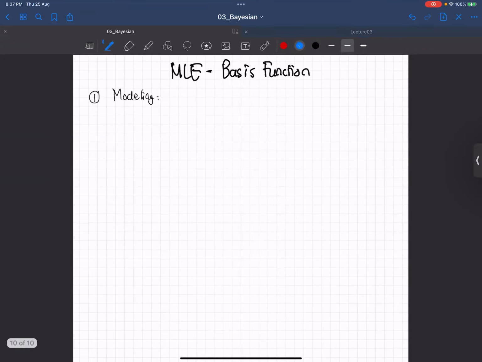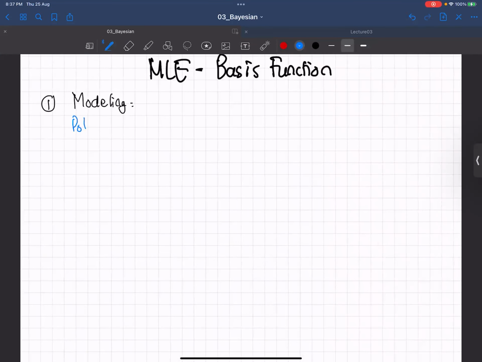So in the polynomial case, the likelihood of Tn given xn, w bar and sigma square.